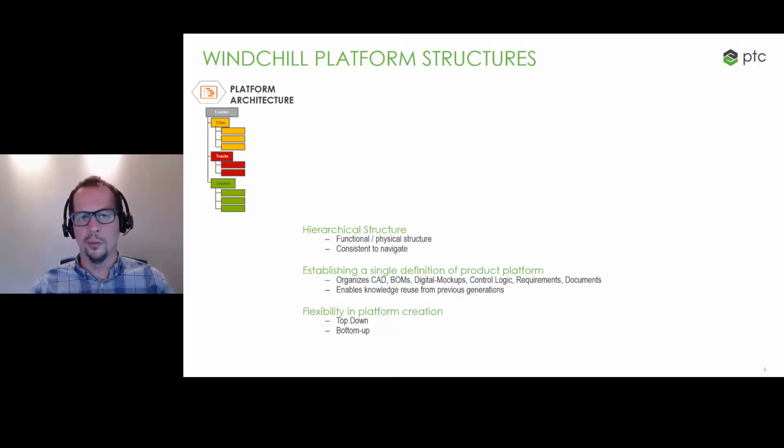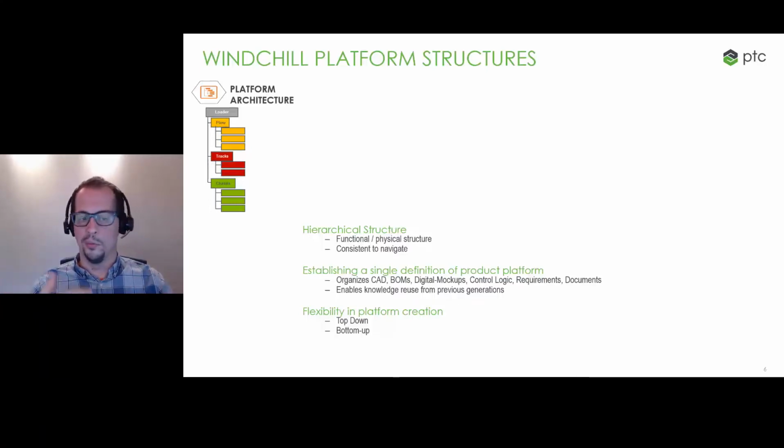The first element is your platform architecture, which really translates into a managed product structure in which you can organize all of the elements of reusability or configurability that's going to go into your platform product. So this involves a hierarchical part structure, establishing a place that you can hang all of your digital product definition off of.